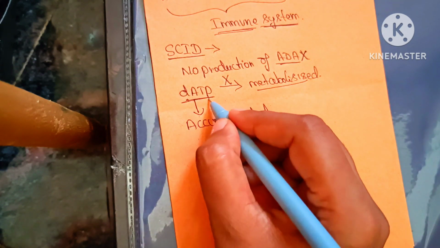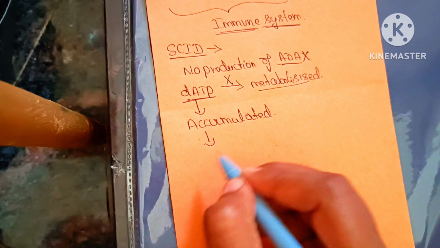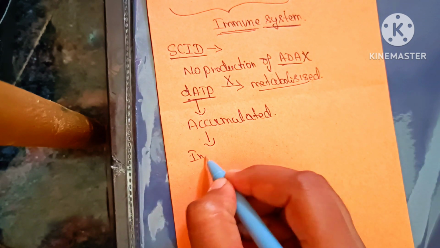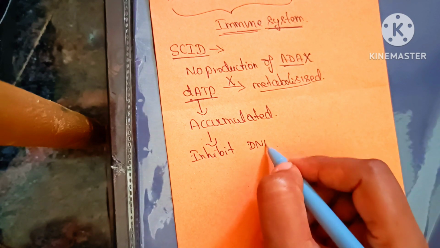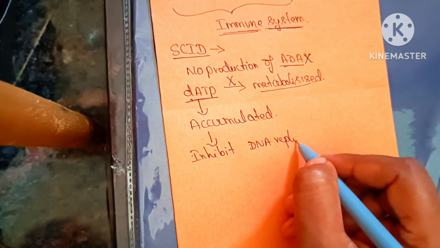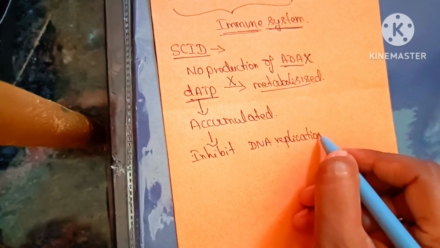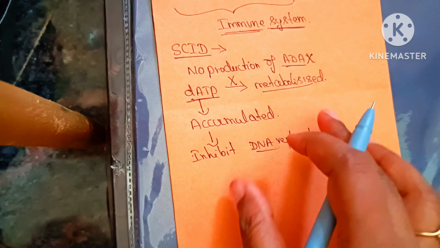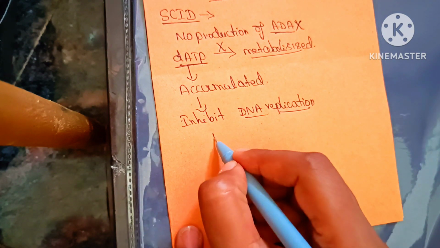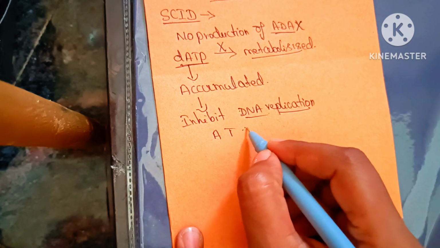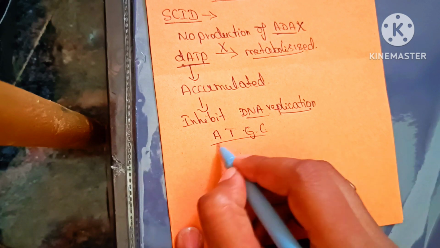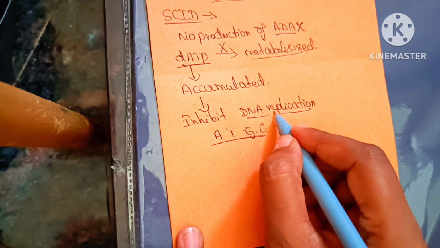This accumulated dATP will inhibit DNA replication. We discussed this same concept earlier. There is a requirement of adenine, thymine, guanine, cytosine in the right proportion for DNA replication.